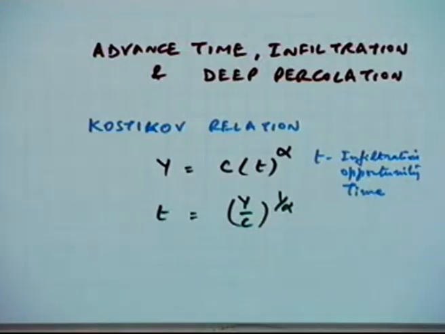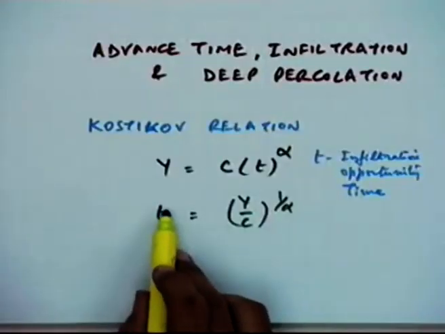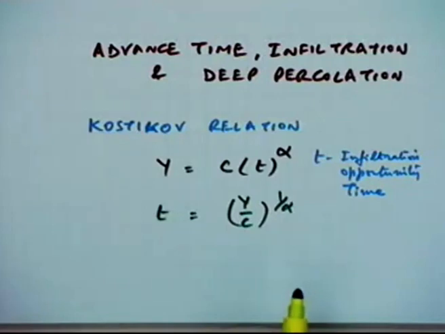Those things we have seen, and since in irrigation, when we are applying the irrigation water, we are ensuring that the depth of irrigation is always more than the infiltration opportunity or the infiltration capacity prevailing at that particular time. But we can make an approximation that this time can be approximated to the time of irrigation.